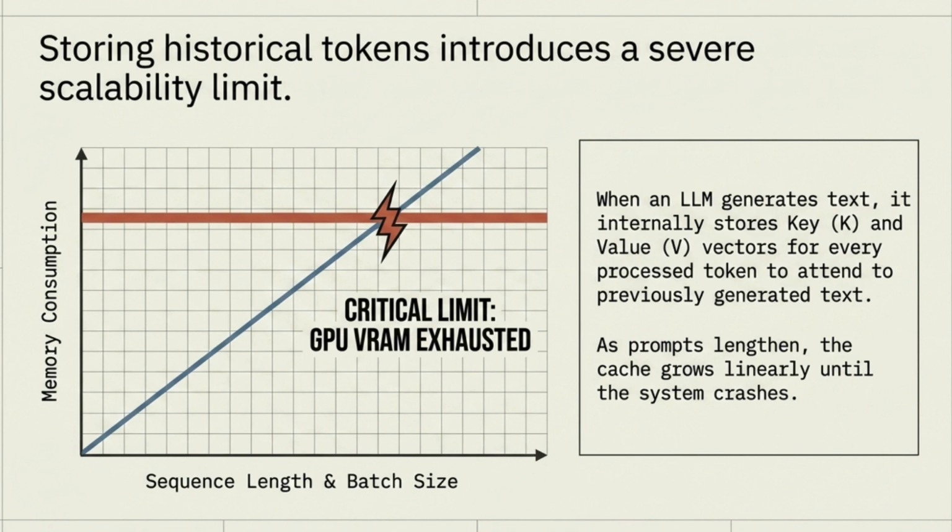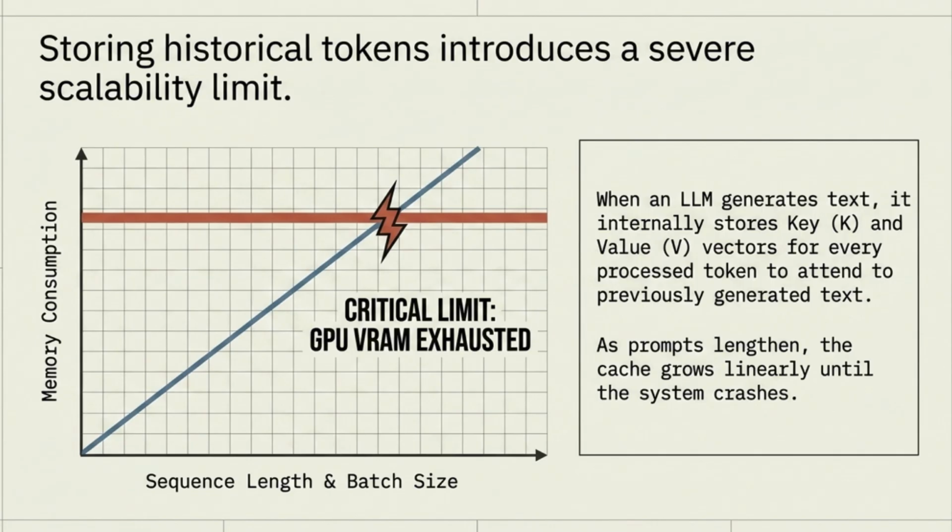As prompts get longer, as batch sizes grow, that cache just keeps climbing. Straight, unforgiving line. Up and up until bam, it slams into the GPU VRAM limit and the whole system crashes. Not degrades, crashes. That's the scalability cliff.